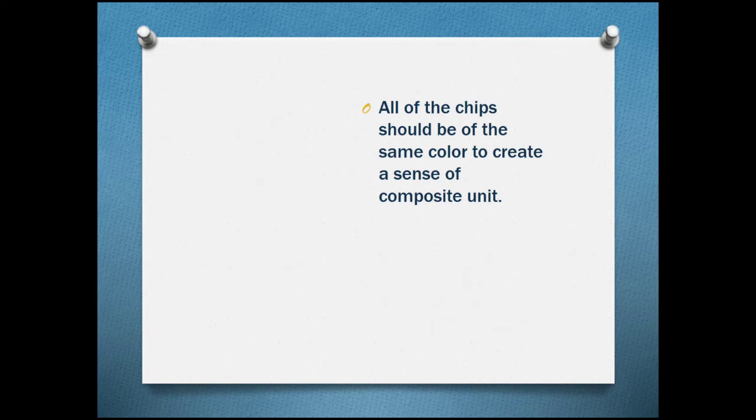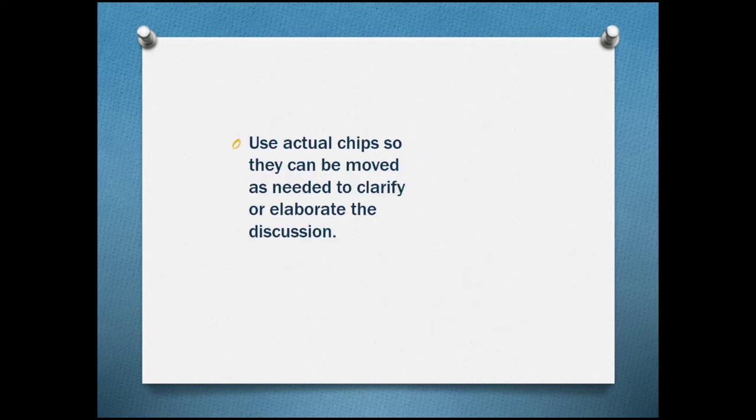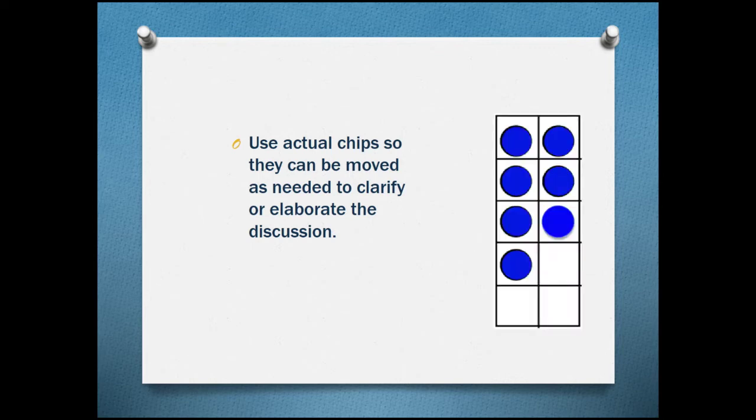And a third comment is that we really recommend that you use chips that you can move around rather than have a picture that you've already created that you just flash. So, for example, this shows a 7.